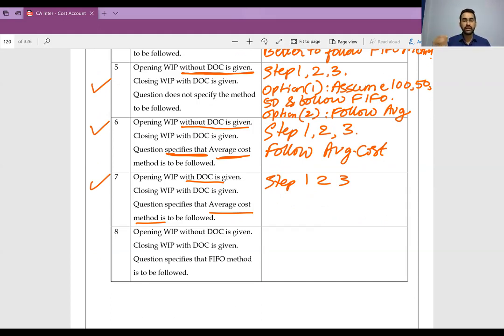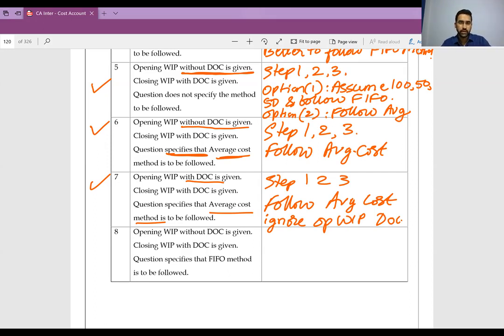Now you can write a note saying, as the question specifies average cost method, opening WIP DOC is to be ignored. Yes. Start writing. Follow average cost. Full stop. Ignore opening WIP DOC.